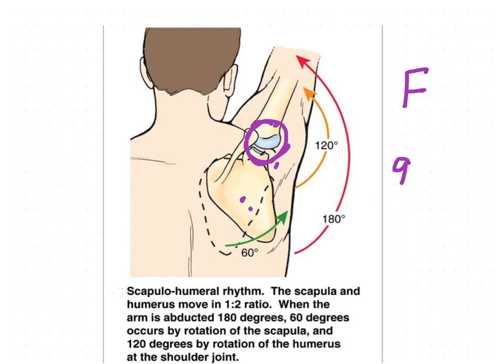And next, another important purpose of this scapulohumeral rhythm is that it permits the muscles acting on the humerus to maintain a good length tension relationship, which minimizes or prevents active insufficiency of the glenohumeral muscles. For example, if the scapula is not rotating like this and only the humerus is rotating, then what will happen?